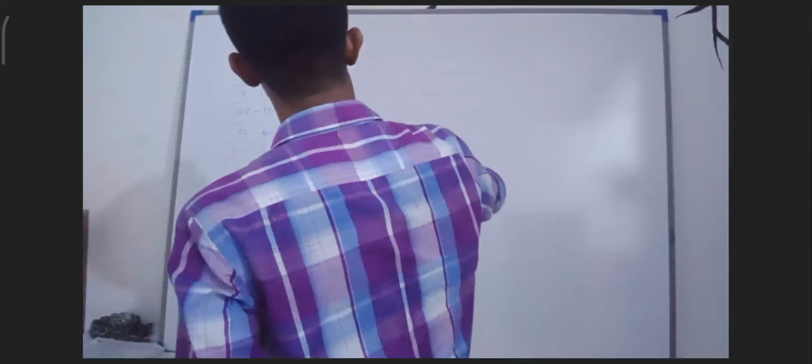Now I have to find the mid value, which is basically x. I add the lower limit and upper limit and divide by 2. So 5 plus 15 is 20, divided by 2 is 10.